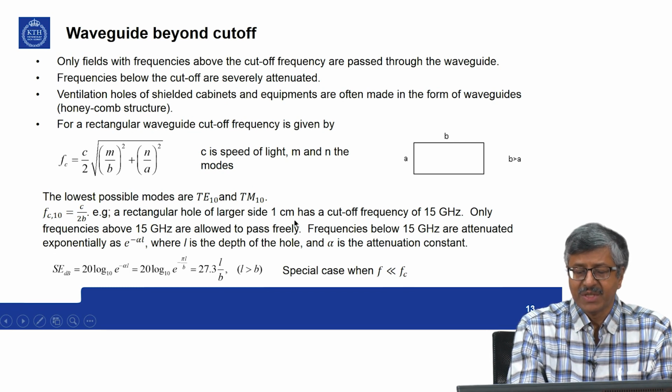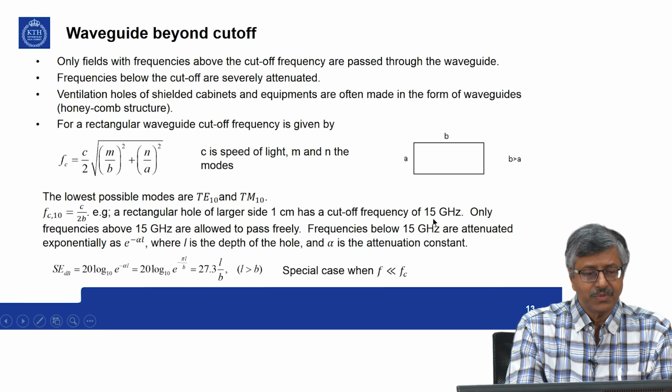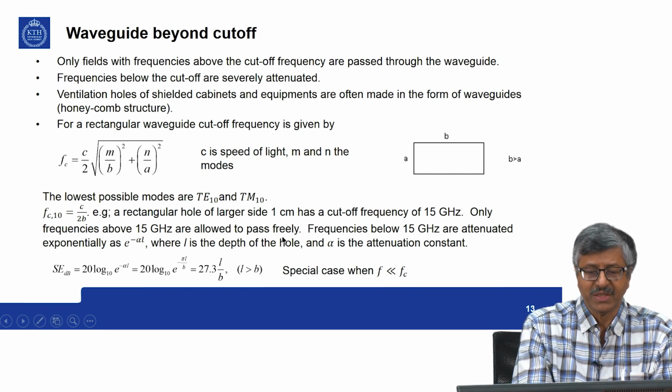So, that frequency is 1.5 into 10 to the power of 10, so it is 15 gigahertz. Only frequencies above 15 gigahertz are allowed to pass freely.